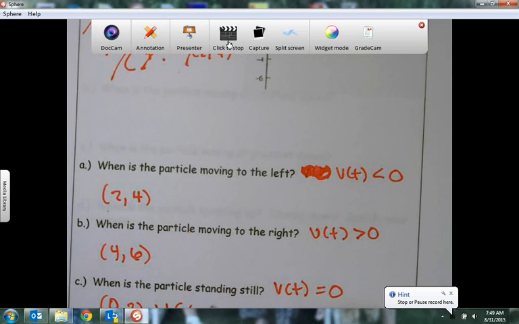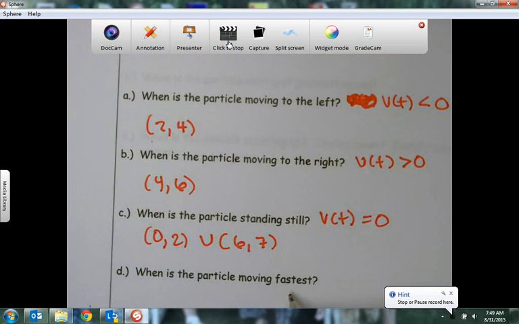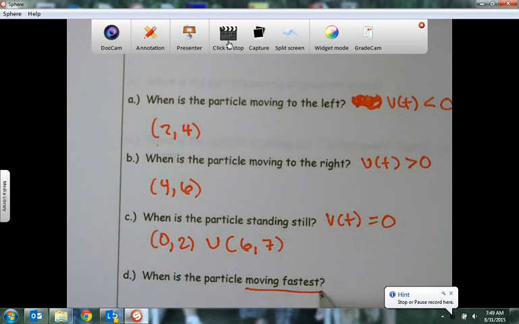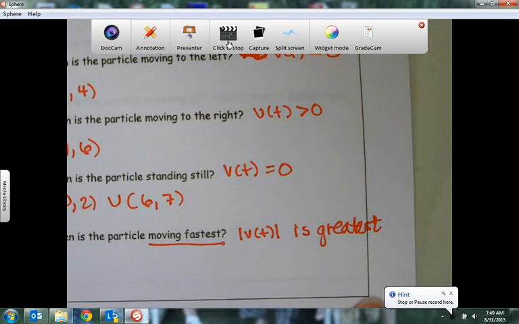I like this one. When is the particle moving the fastest? It's going to be when the speed is greatest. So basically where do I have the largest speed output?